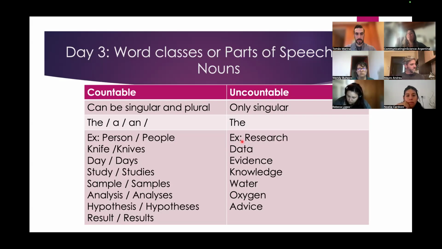Research is uncountable. You cannot count research. You need another unit to count research. You can say research projects, research papers, research activities, and that way you can make it plural and count them. But you cannot actually count research.